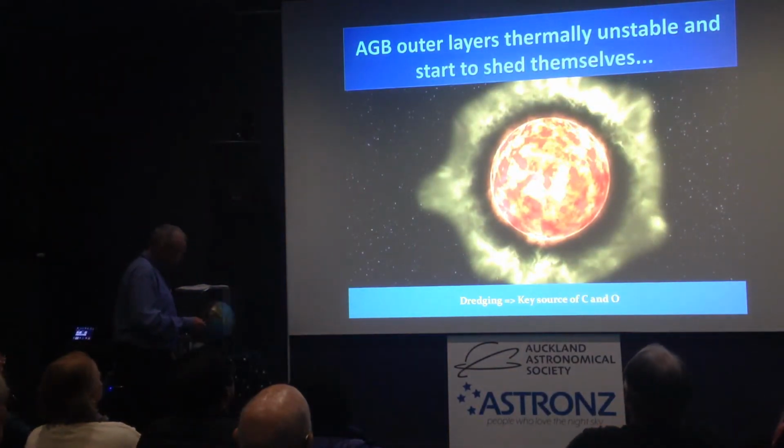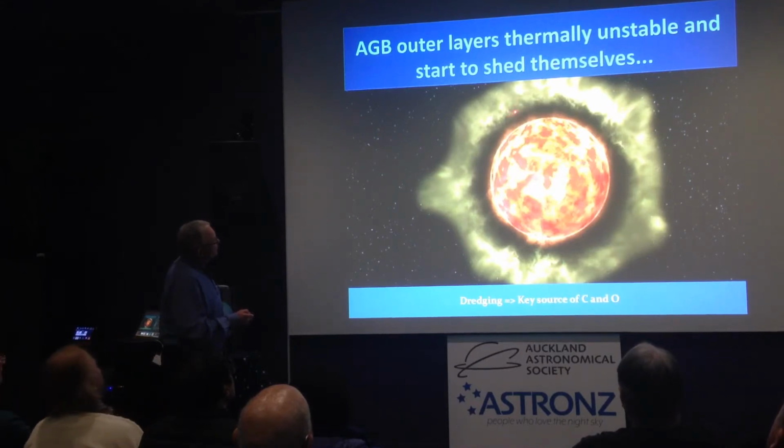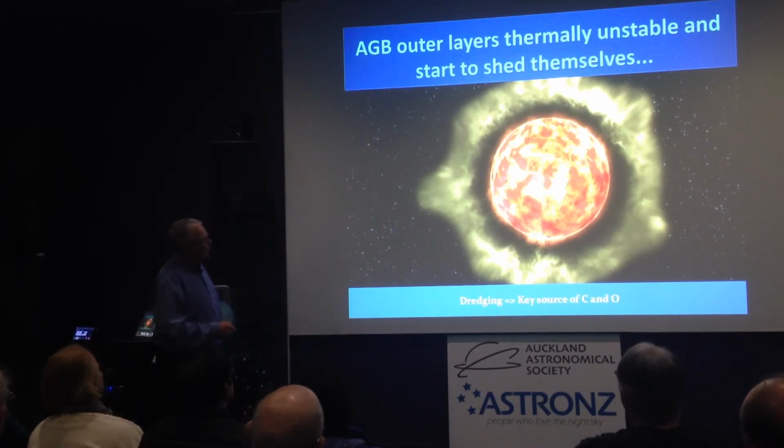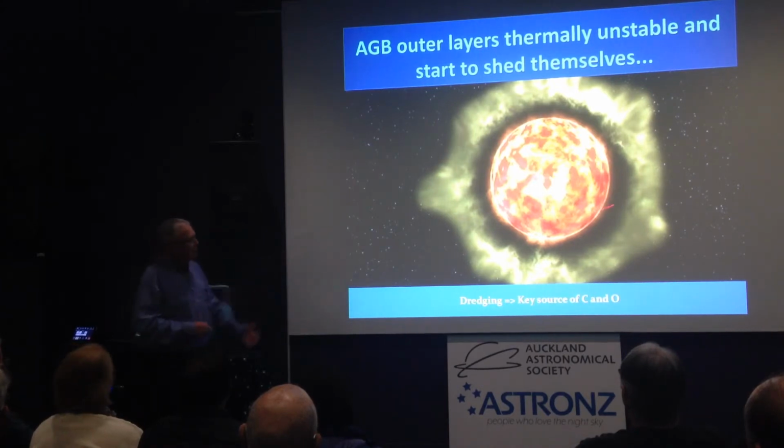The other interesting thing with these stars is that because you've got these two shells of nuclear fusion going on further out, and these stars are whoppingly large, their gravity in those outer parts is going to be much, much less because you're further away from the core of the star.